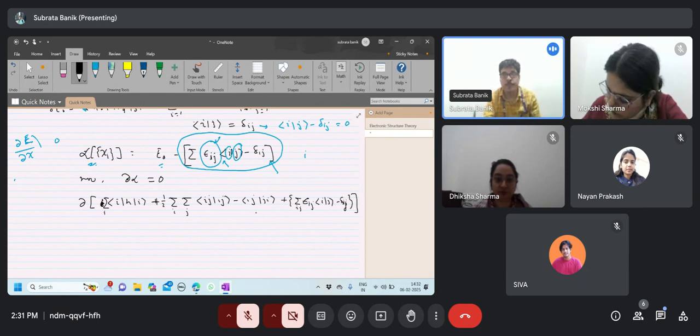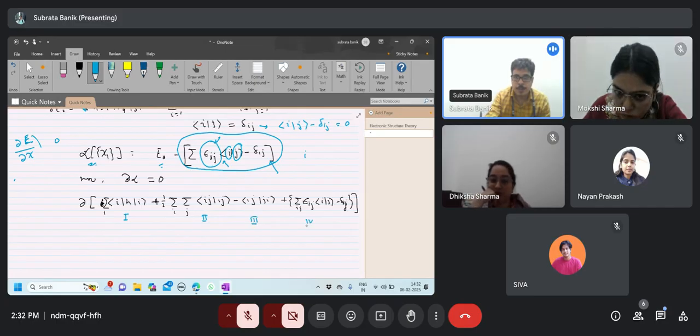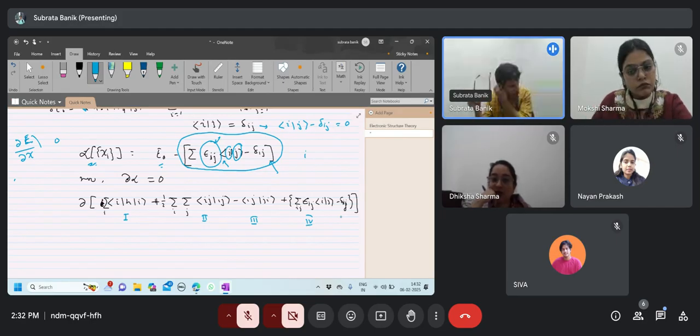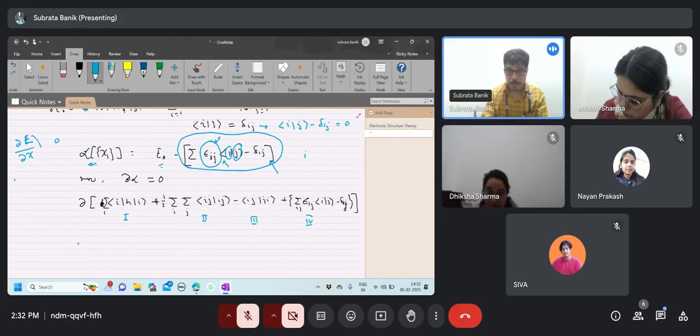We wrote this as term 1, this is term 2, this is 3, this is 4. The fifth one is just a constant, 1 or 0. If you take the derivative of a constant, that becomes 0, right? The fourth one we have done.